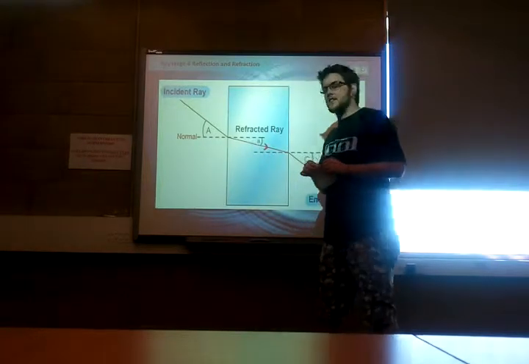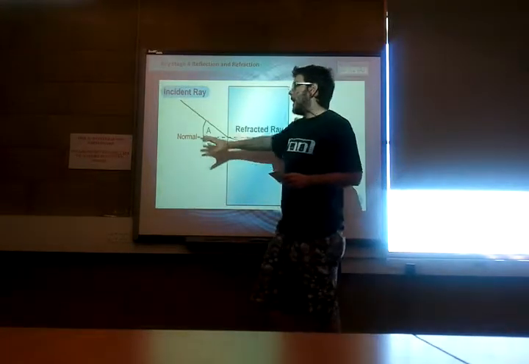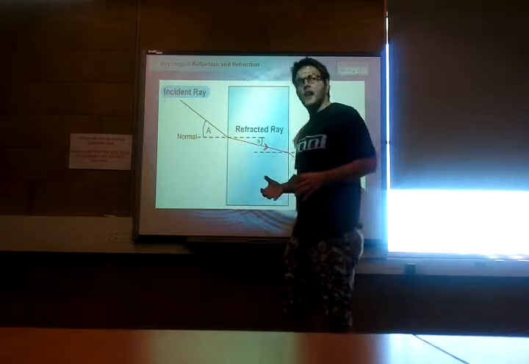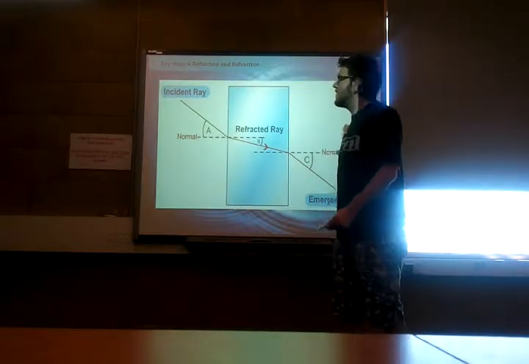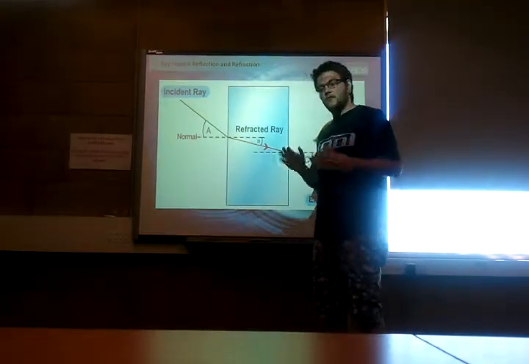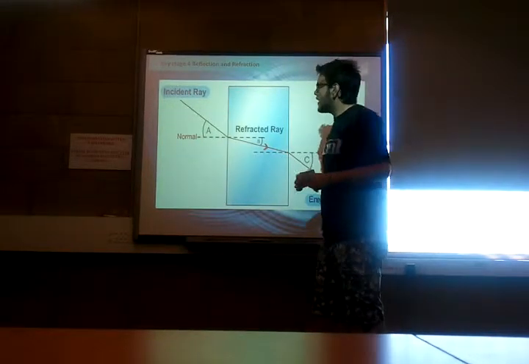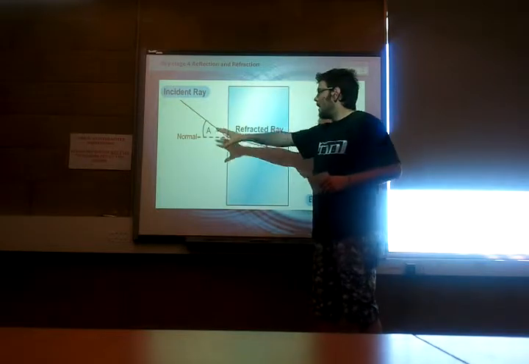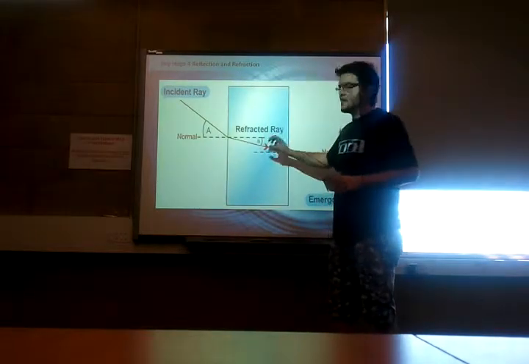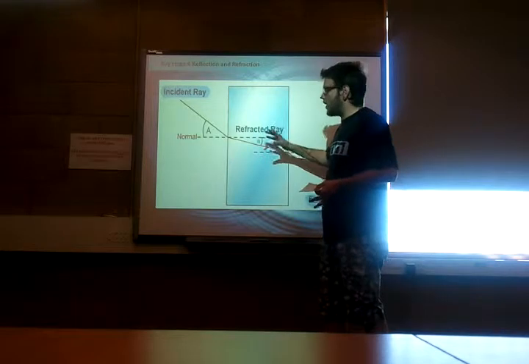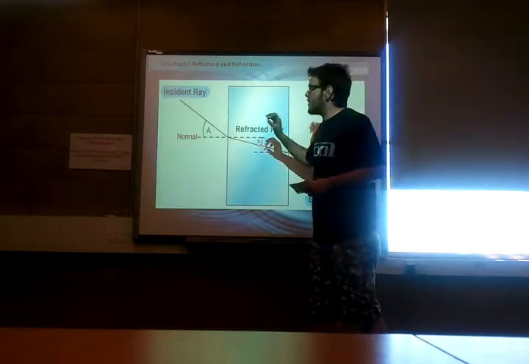Now, the reason for this is that light in air travels at the speed of light, surprisingly enough, which is around about 300 million meters per second. Now, when it changes from air into a denser material, in this case we'll call it glass or perspex, it's a medium change.